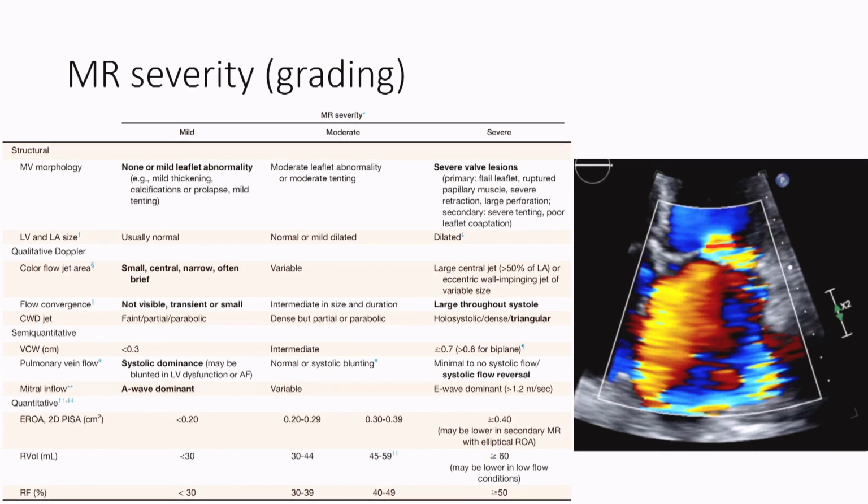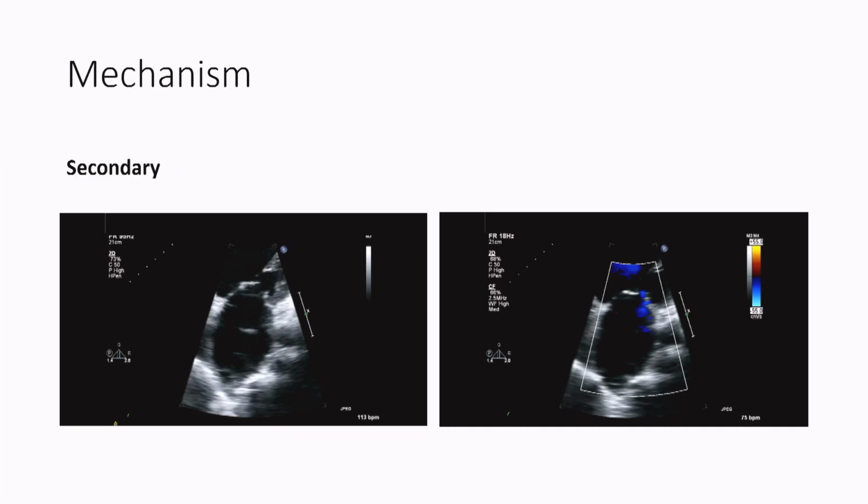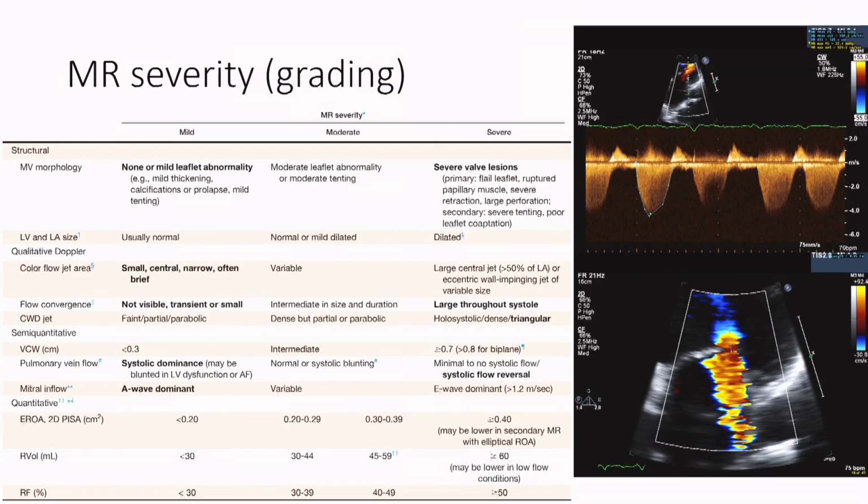Exercise your knowledge of the guidelines for assessment of MR severity, including mitral valve morphology, qualitative assessment of the regurgitation, and then quantitative assessment, including the vena contracta, the PISA, and other parameters. You have to make sure that you are dealing with severe mitral regurgitation.